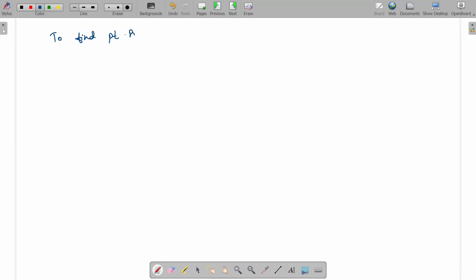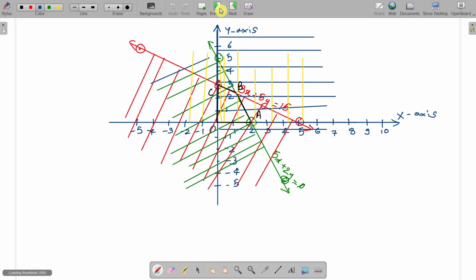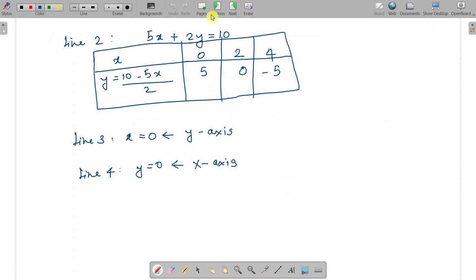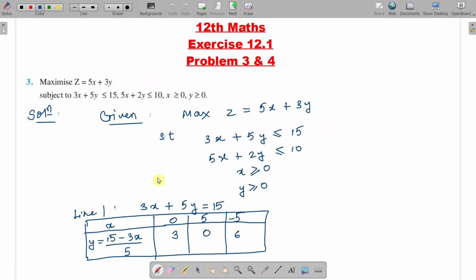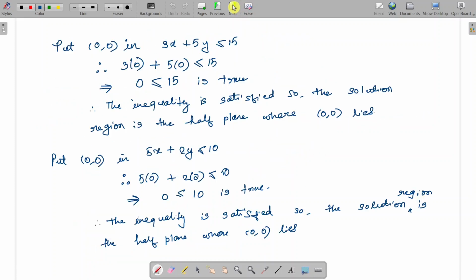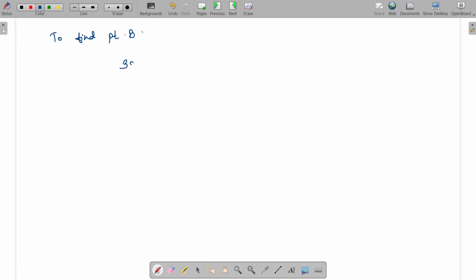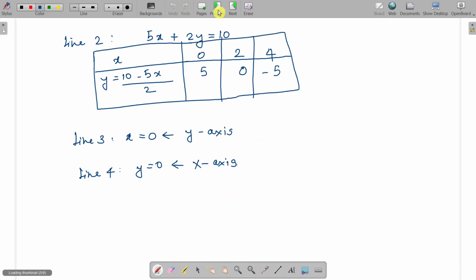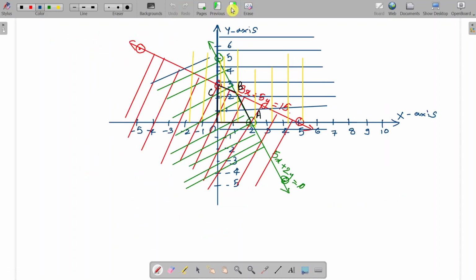That is this point here. So we have to take the intersection of both the lines, that is 3x plus 5y equal to 15, and the second line, 5x plus 2y equal to 10.